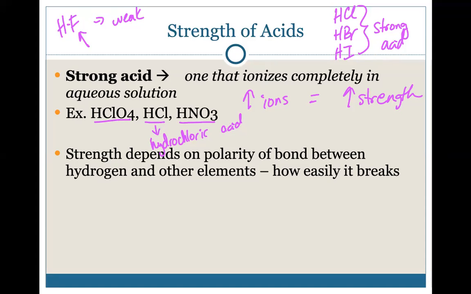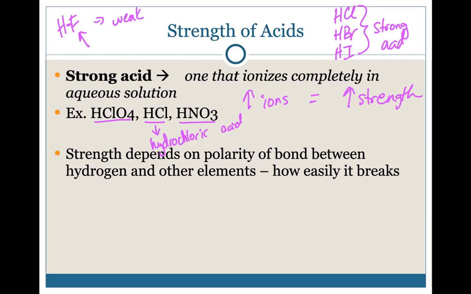So the bond between hydrogen and fluorine is going to be really, really strong, which means you're not going to be able to ionize it very well, because hydrogen and fluorine like each other so much, since fluorine is the most electronegative element. So hydrofluoric acid is the weakest.